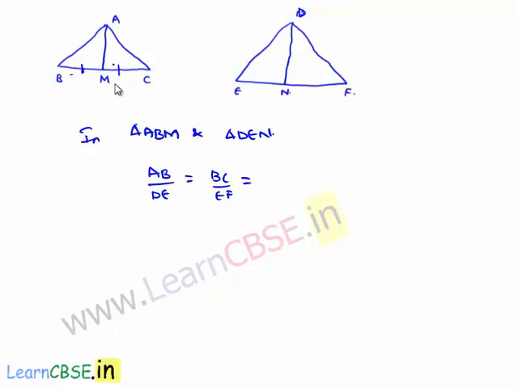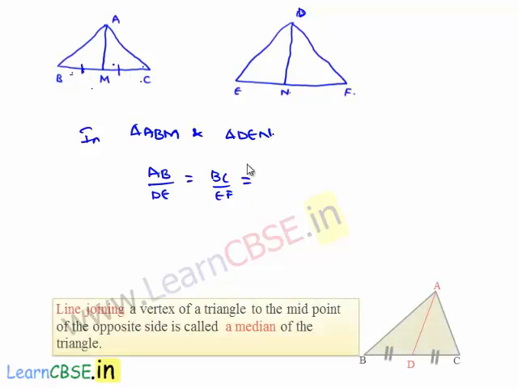And now we know that BC is equal to BM plus MC, and as BM is equal to MC, we can write BC as 2BM divided by, and EF we can write it as 2EN, as EF is equal to EN plus NF and EN is equal to NF, which is equal to BM by EN.